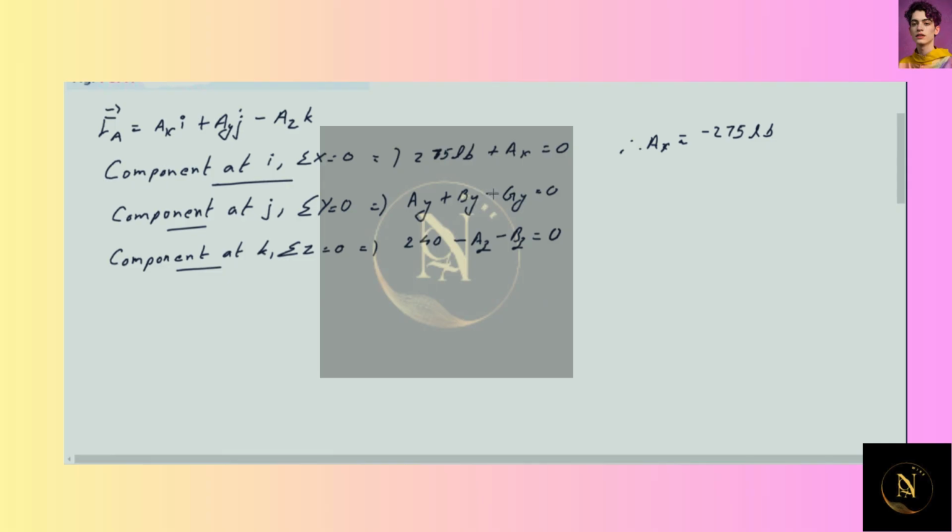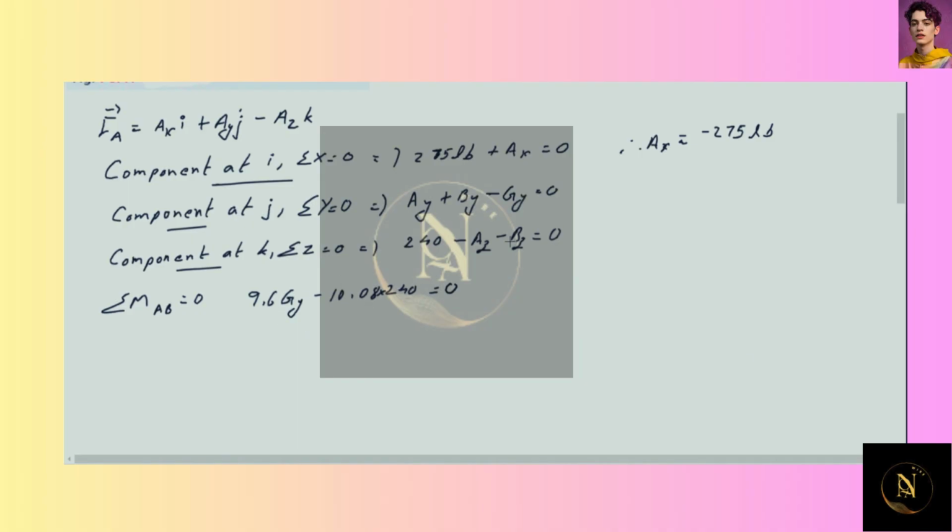Let's find the moment about AB equal to 0. This gives 9.6 feet times Gy minus 10.08 feet times 240 lb equal to 0.